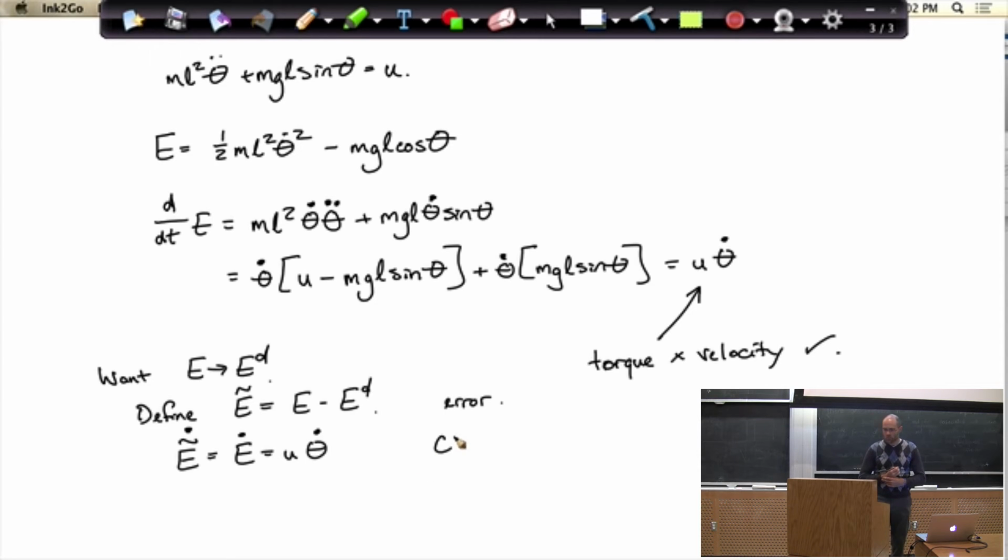Let's choose a nonlinear controller, negative K theta dot, times my error. Okay, that's my feedback controller of choice. Because if I put this back in, that's going to imply the following error dynamics.